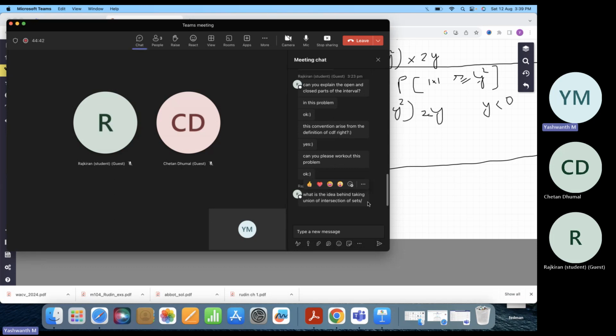Union of intersection of sets. That is the idea.